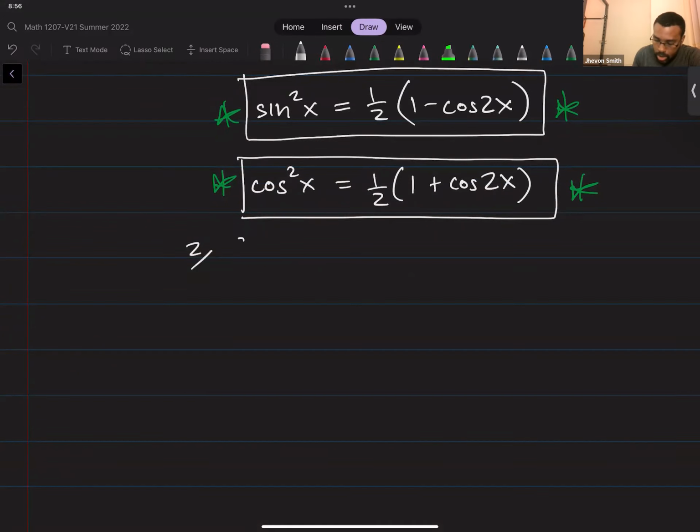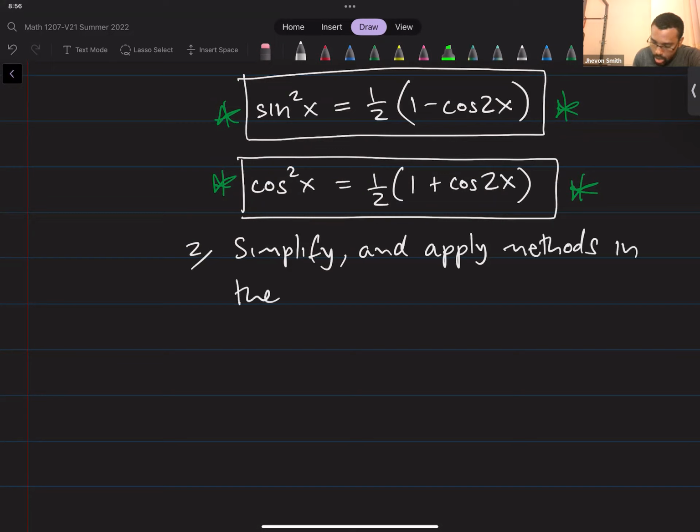Afterwards, simplify and apply the methods in the previous cases.